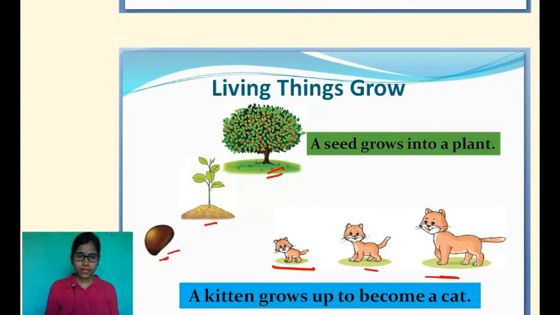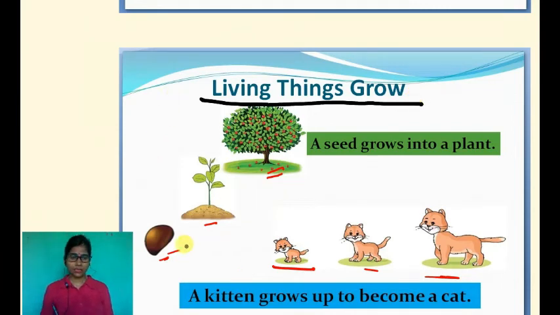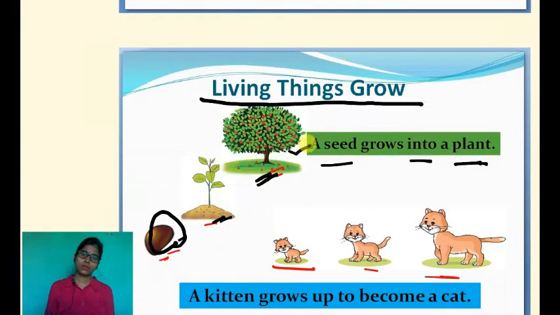Our next characteristic is that living things can grow. As you can see in the example, this is a seed, and after growing up, the seed converts into a plant, and after that the plant converts into a big tree. A seed grows into a plant, and a plant grows into a big tree.